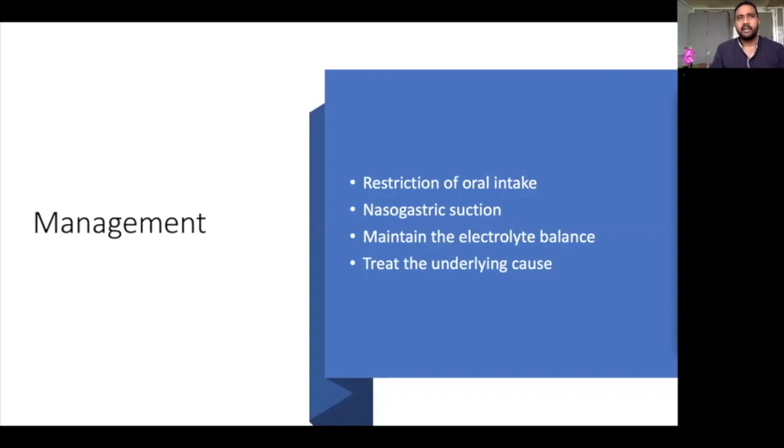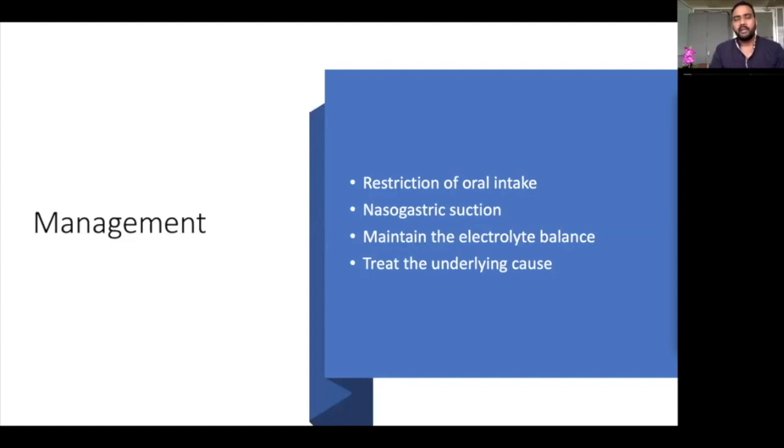So in paralytic ileus, can we have strangulation? What will happen? The blood supply to the bowel is through the bowel wall.